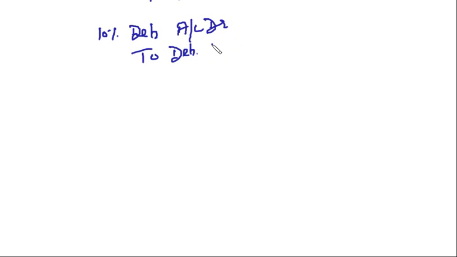Now the entry for redemption, 10% debentures account debit to debenture holders account, right? So this is amount due to the debenture holders on maturity.